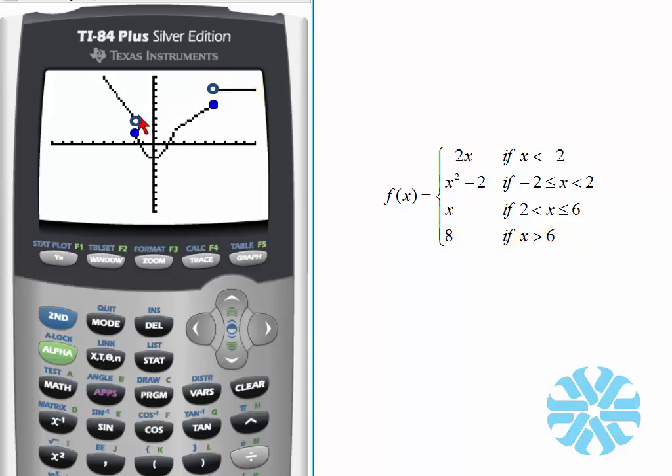So again, we should have an open circle, a closed circle here. This is continuous. There's no break in these two functions. So at the end of this function right here, we're going to have a solid dot right there. And then for this piece of the function, there's going to be an open circle right here.